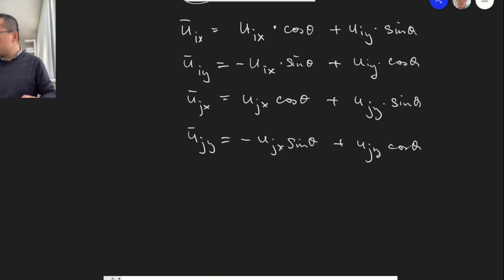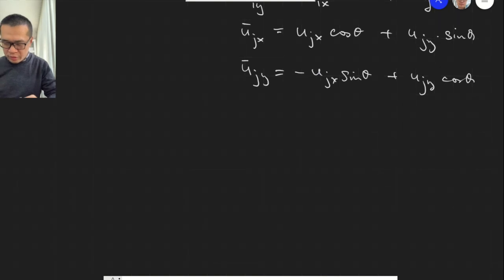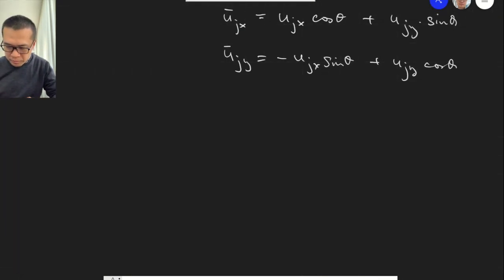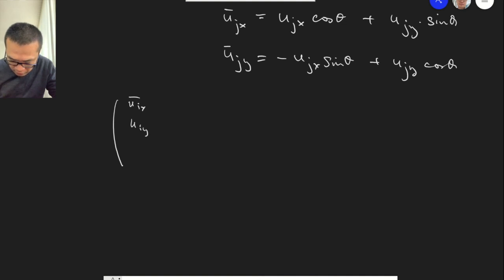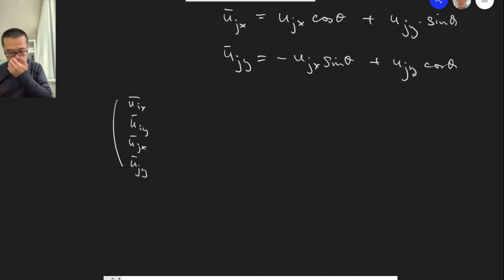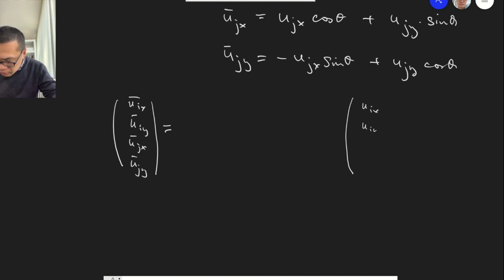So if you put all these together, you will be able to write the relationship of uix bar, uiy bar, ujx bar, and ujy bar, related to uix, uiy, ujx, and ujy as what?